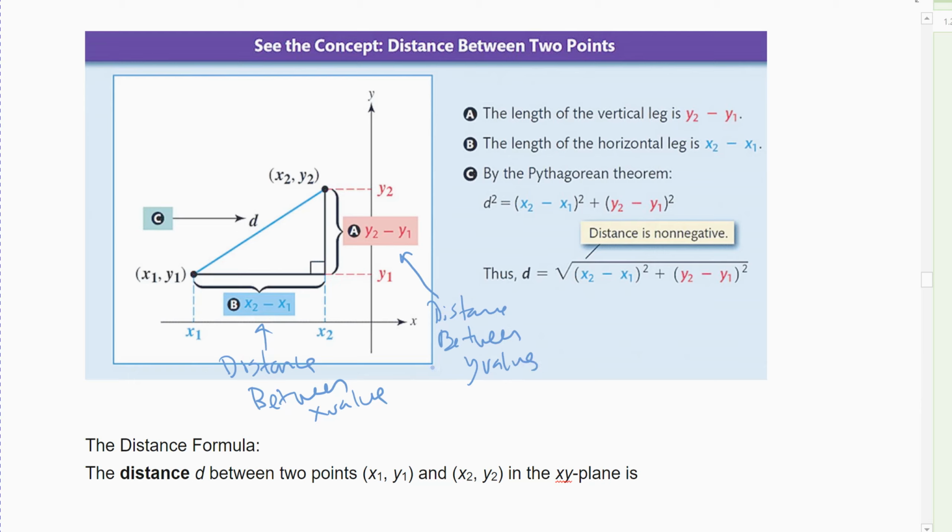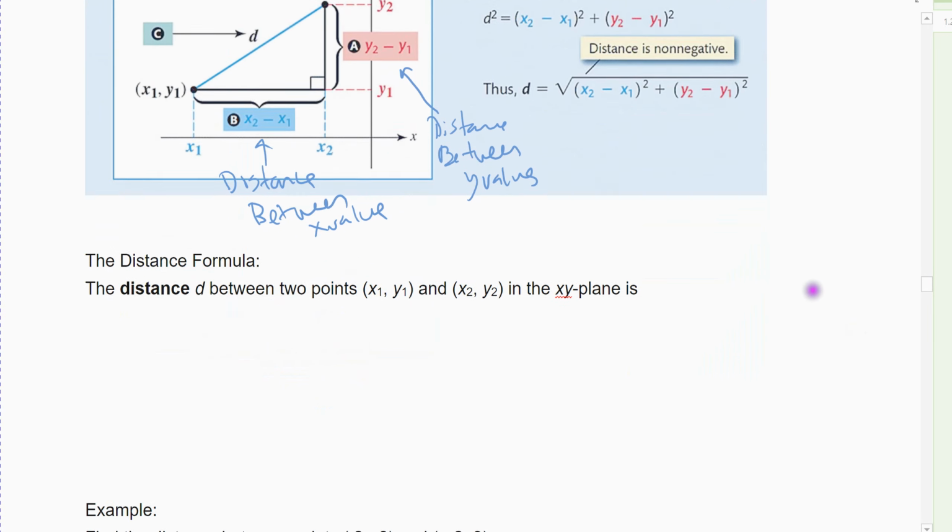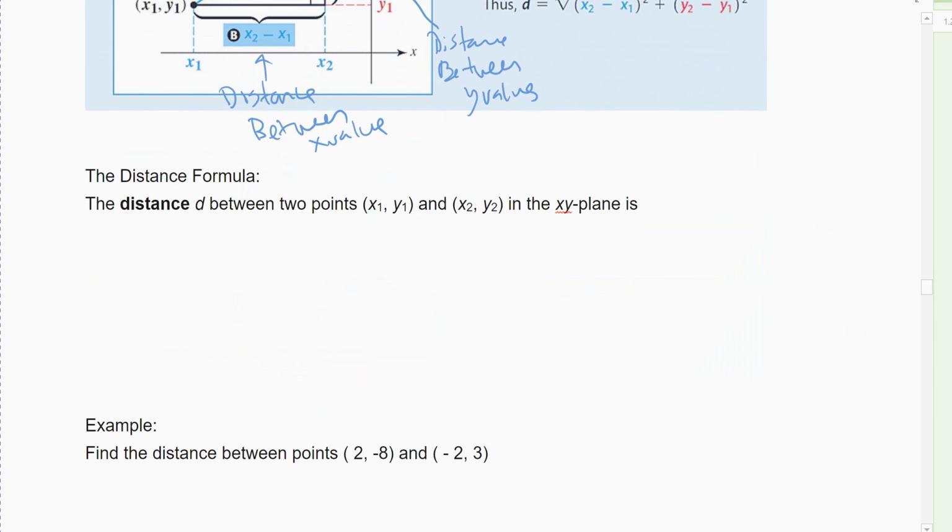So the distance formula is just a fancy Pythagorean theorem. It's actually the Pythagorean theorem in context to lines on a graph. And there's the distance formula, which hopefully you know. If you don't, this is one of those formulas you need to make sure you jot down and have. We will be using the distance formula.